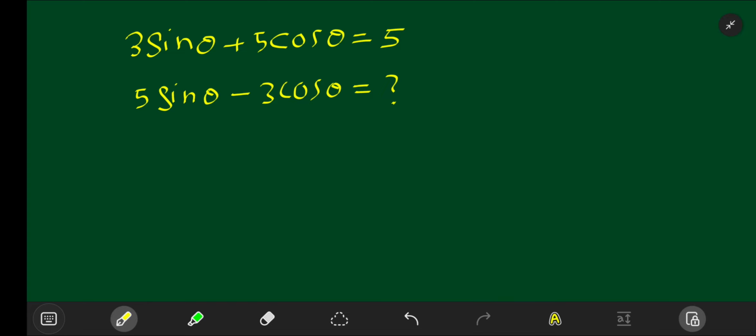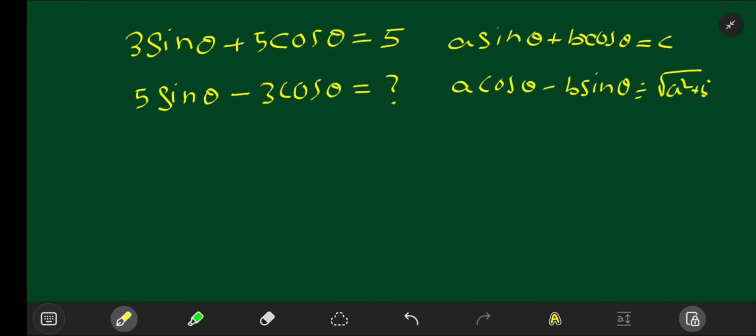Compare with the formula. What is the formula? A sin theta plus B cos theta is equal to C. Then A cos theta minus B sin theta is equal to square root of A square plus B square minus C square.